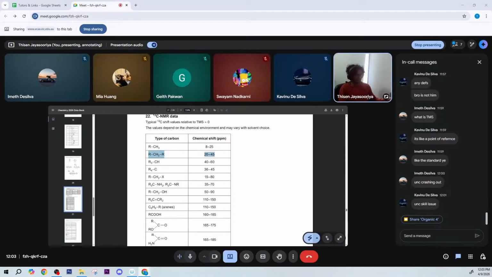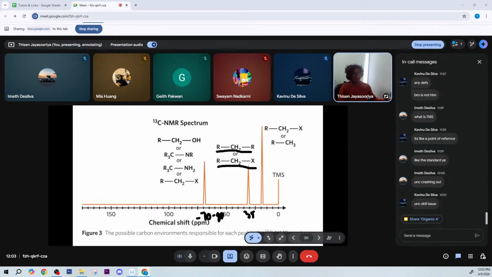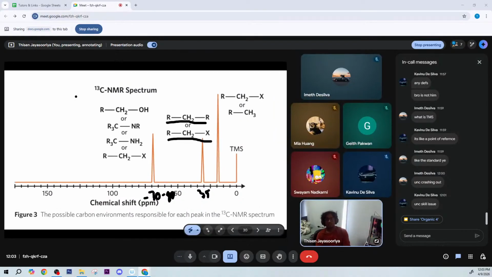So I'd say this one, this one, maybe this one, and maybe this one on the lowest end. Those could be there, but we can't be sure. If they ask you this sort of question, they'll just say, what is a possible environment that this could be? I'll discuss environments a little bit more.